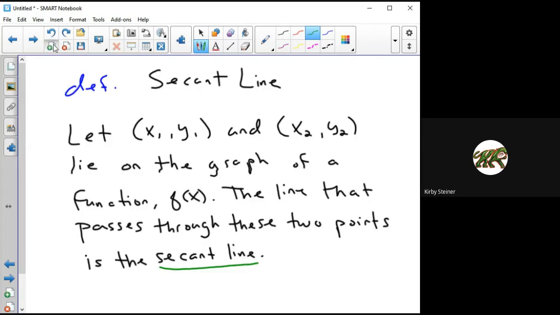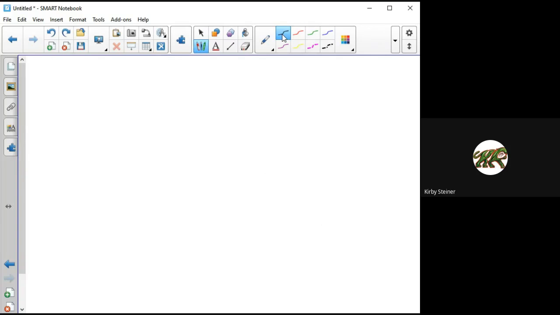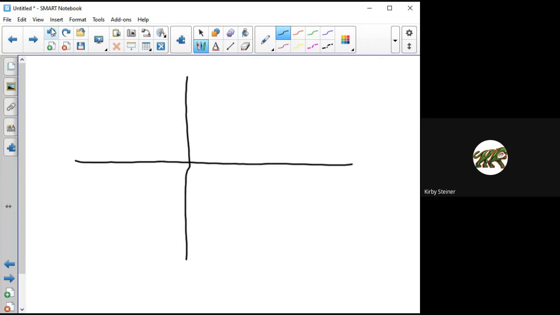Let's visualize it here. Let's say we have a plane, and let's say we have the following graph on it.